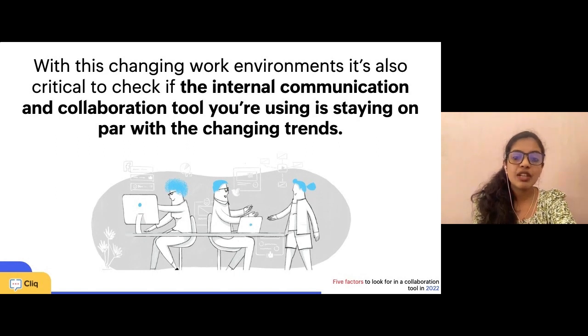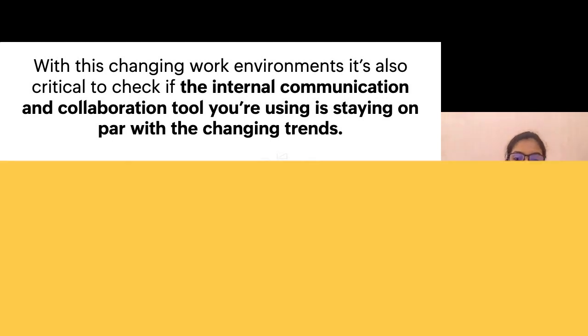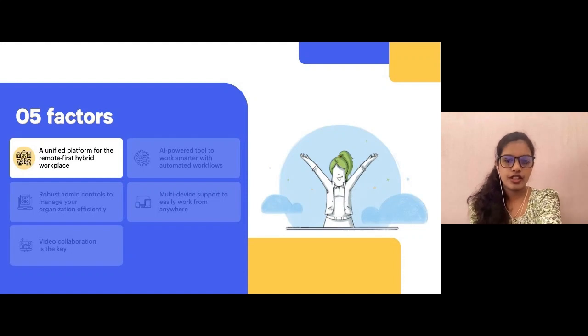The workplace has evolved in the last 2 years, as is known, and here we are with 5 must-have factors to ensure your team collaboration app is suiting the evolving, hyper-connected work environment. So, the first factor for the day. The first factor is that the tool you use should act as a unified platform for the remote first hybrid workplace.